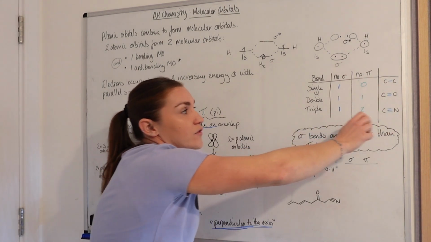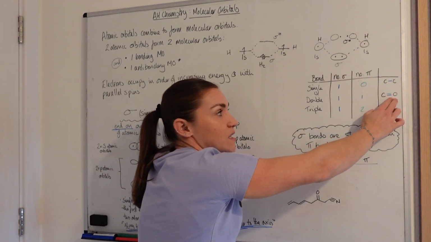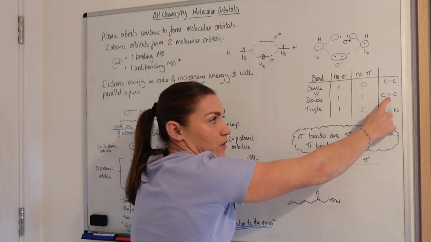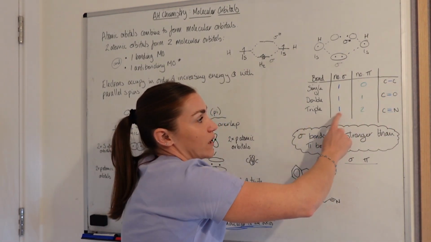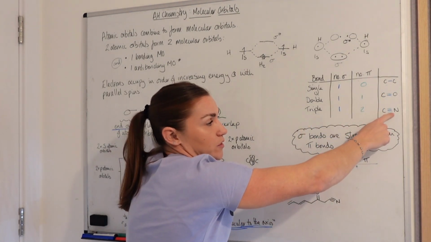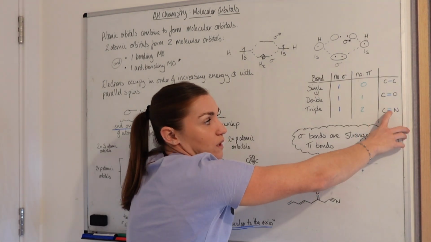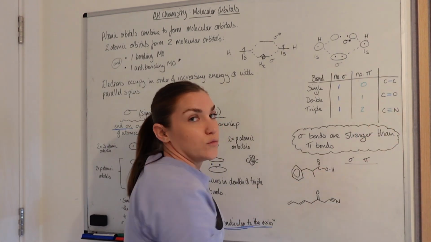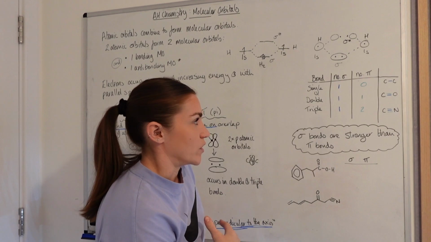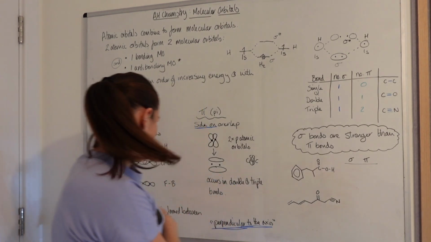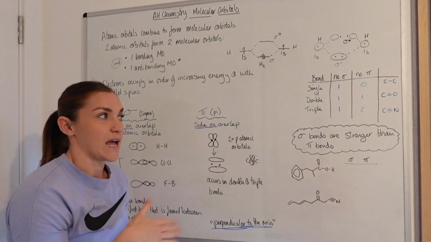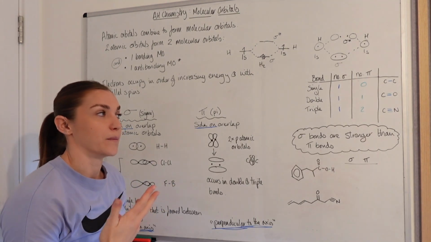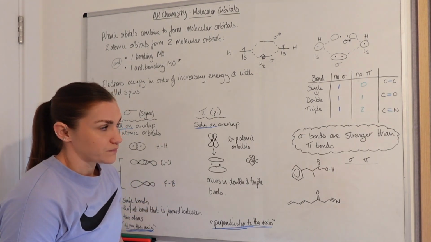If you have two atoms joined via a double bond, you've got one sigma bond and one pi bond. If you have two atoms bonded with a triple bond, then you have one sigma bond and two pi bonds. Like I said before, I always think about the first bond formed between two atoms as being the sigma one, and any consecutive bonds after that are the pi bonds.